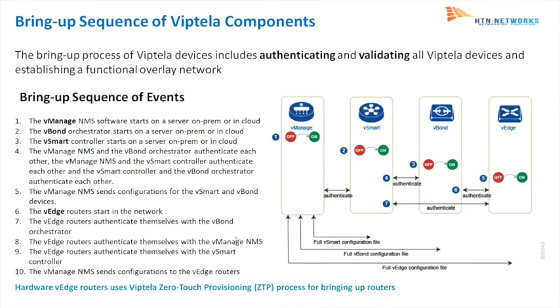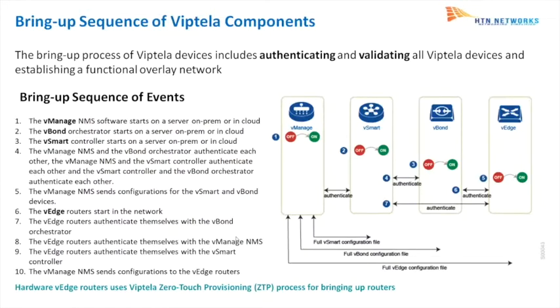First is vManage, vBond, and vSmart. These are software entities. First, the vManage software is started on a server, either on-prem or in the cloud. Second, the vBond orchestrator starts up on a server, either on-prem or in the cloud. Same with the vSmart controller. So these three software entities come up first, right?